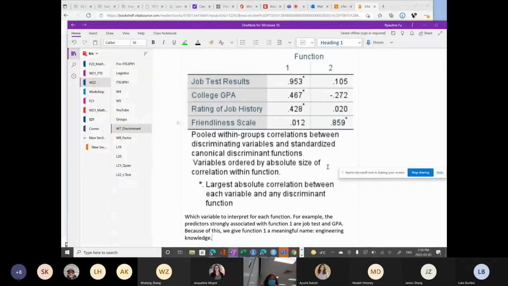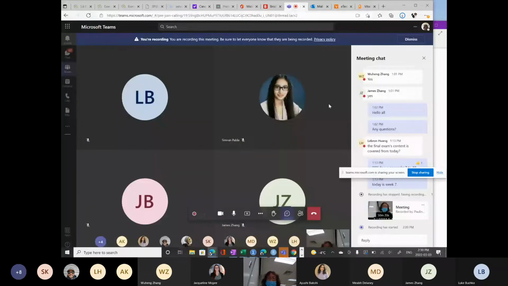Now I have a question for everybody, including online students. What is the most important predictor for function 2? This might be a final exam question. I give you this table and ask you, which predictor is the most important for function 2? I will check the online chat.